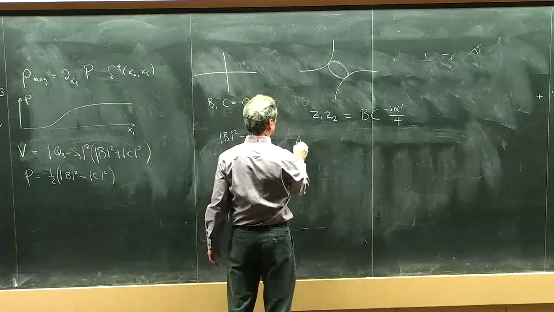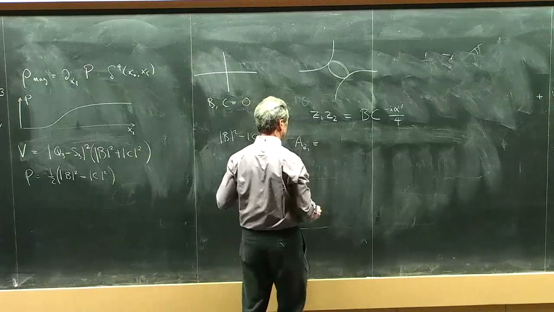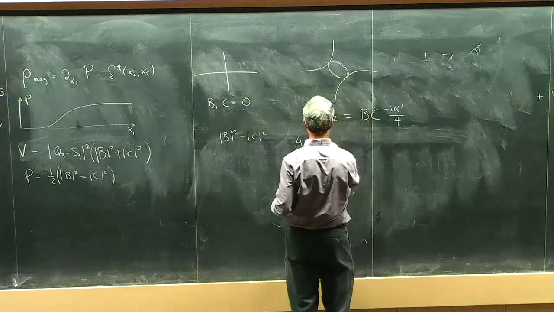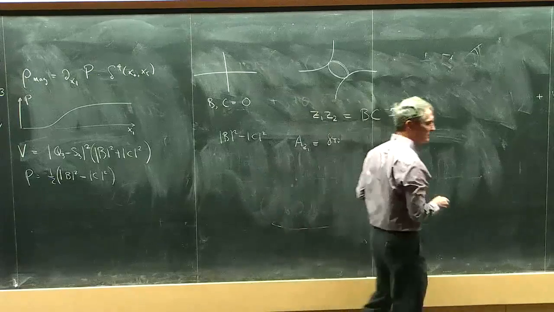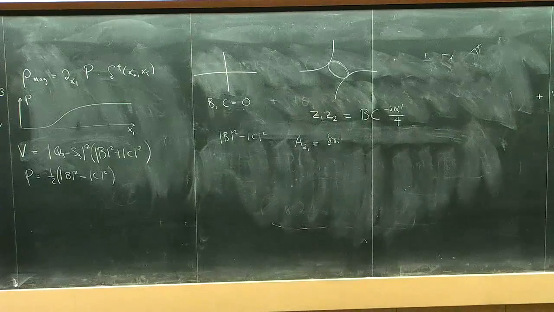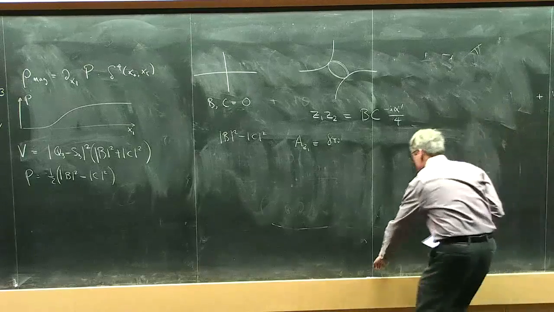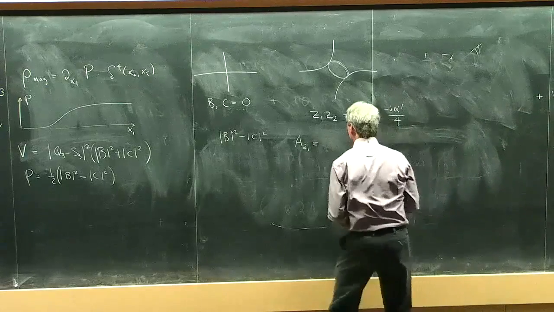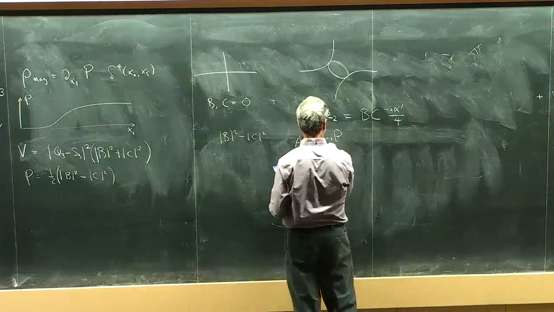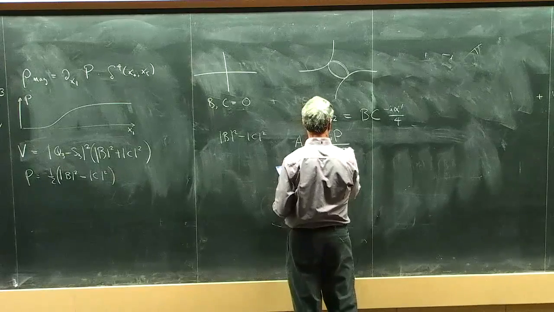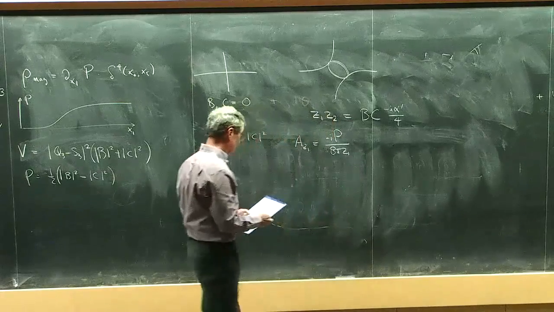It's a gauge field, A sub Z1, in some set of units. This combination that I call P over 8 pi Z1.